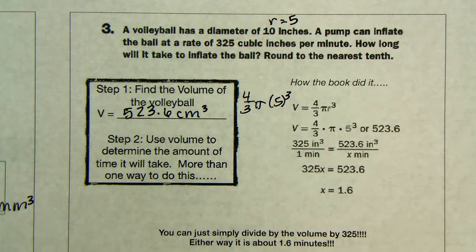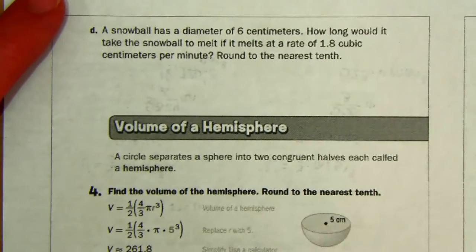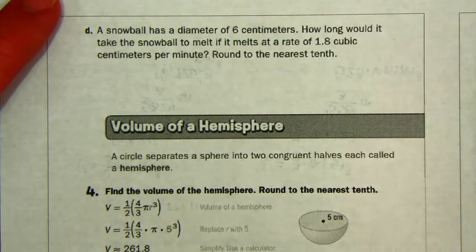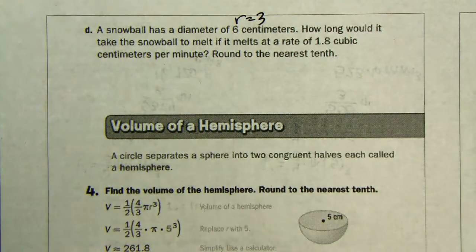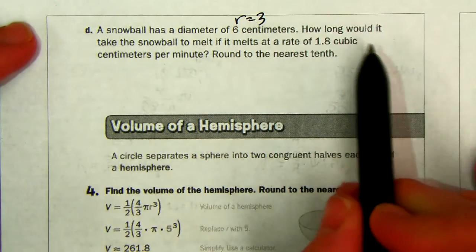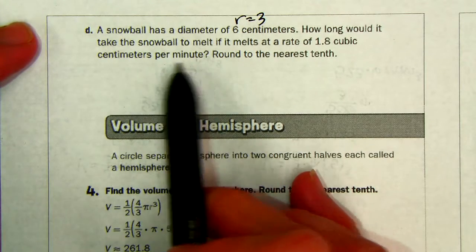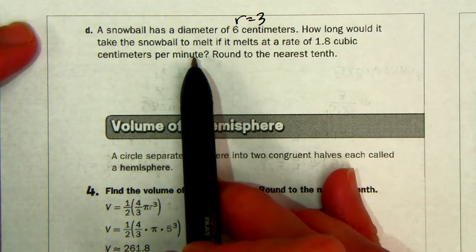On the back side, a snowball has a diameter of 6, which means its radius is 3, right, centimeters. How long would it take a snowball to melt if it melts at a rate of 1.8 cubic centimeters per minute? Once again, it's a unit rate. So I'm going to find the volume and just divide it by 1.8, because every 1.8 cubic centimeters takes a minute.